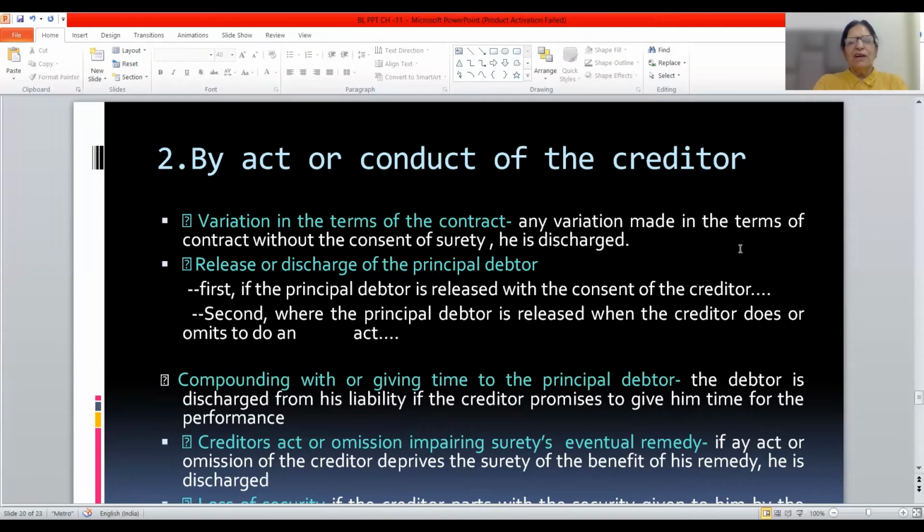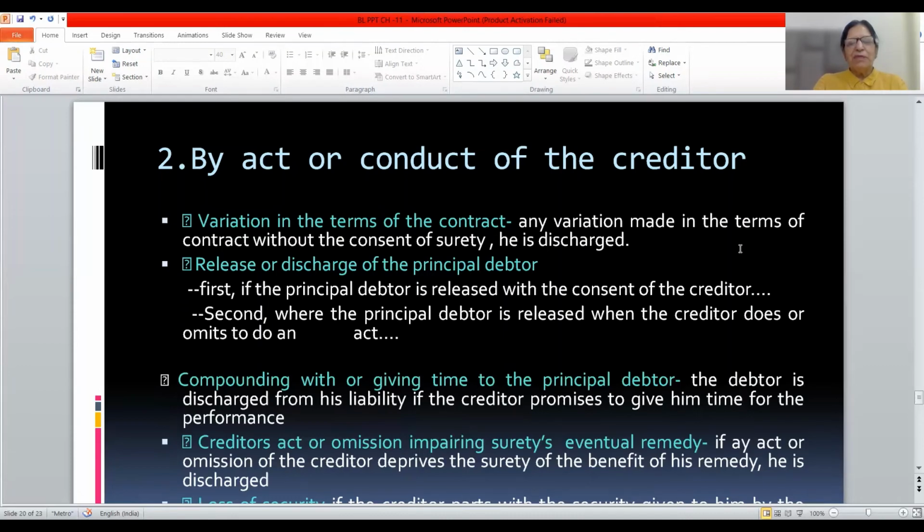Motorbike was worth rupees 40,000, and the loan was 1 lakh rupees. And due to the negligent act of the creditor, the motorbike has been destroyed. Then to the extent of 40,000 rupees, the surety will be discharged from his liability.